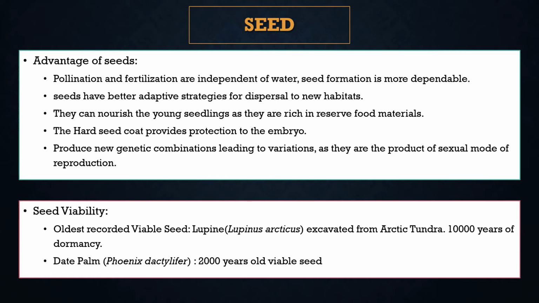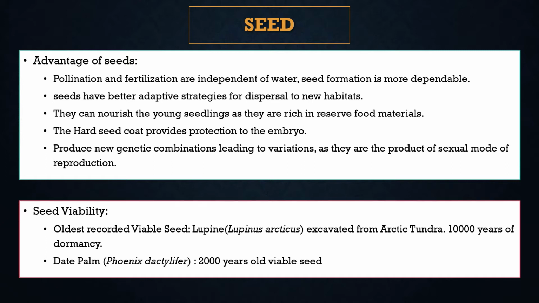Now, when it comes to seed and the advantage, there are a few points that I'll just tell you. I have taken this entire thing directly from the CBSE, NCERT book. Pollination and fertilization are independent of water in the angiospermic plants, and that's why seed formation is more dependable in these plants. The seeds have better adaptive strategies for dispersal, as I was talking about, to new habitats so that they can germinate and increase their number.